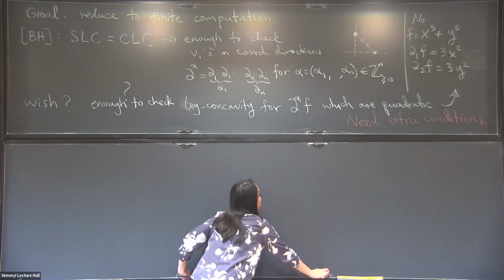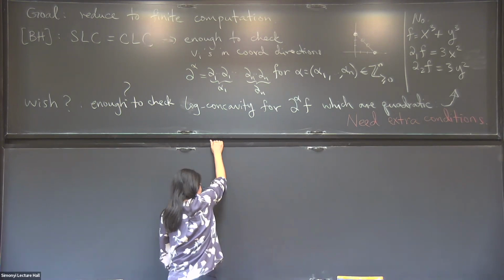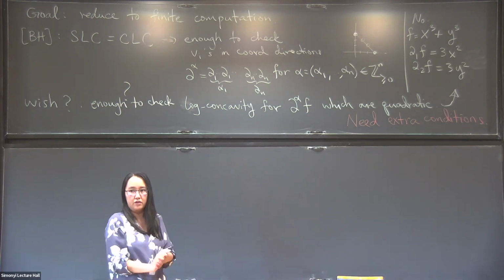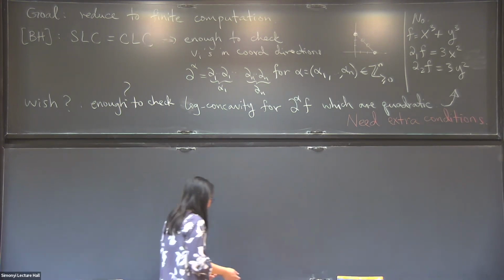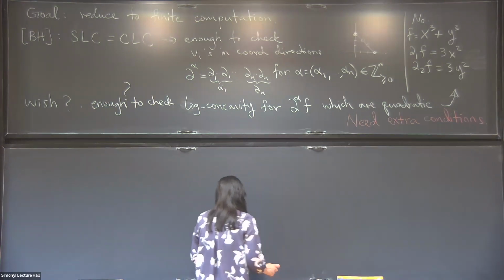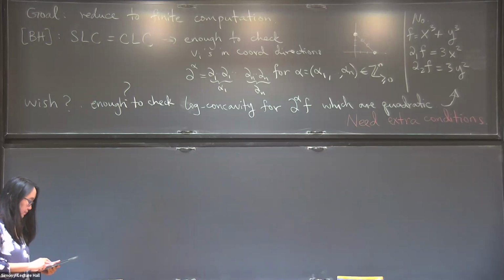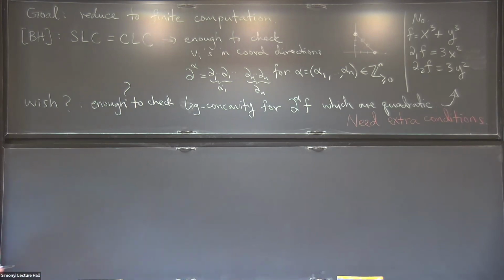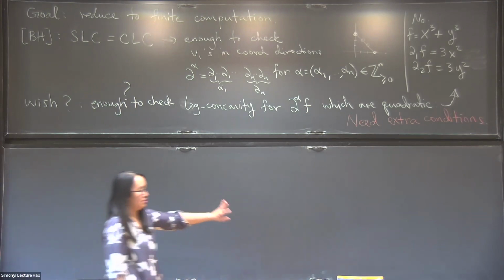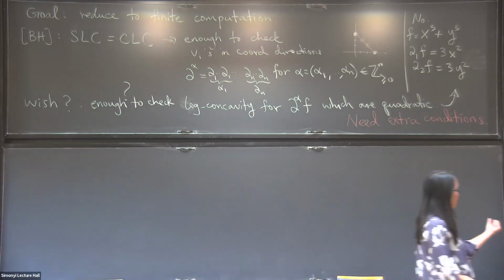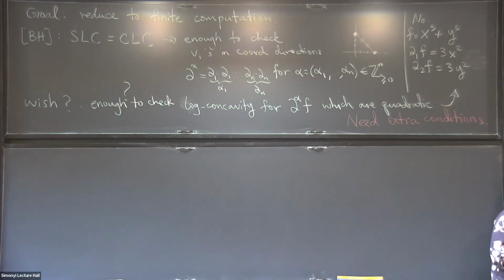So I want to spend some time discussing the Newton polytopes and supports of Lorentzian polynomials. In a different direction, we will be looking at supports of the polynomial. Support means the monomials that appear in my polynomial.